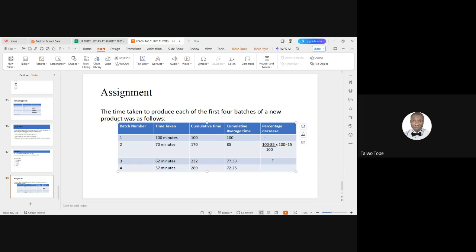So for this, your percentage decrease will be what? 85 minus 77.33, so you have what?